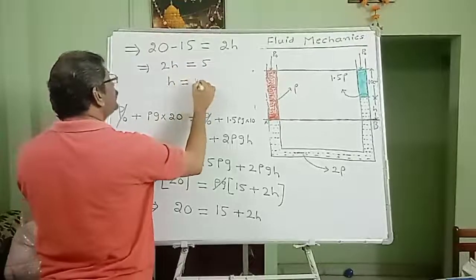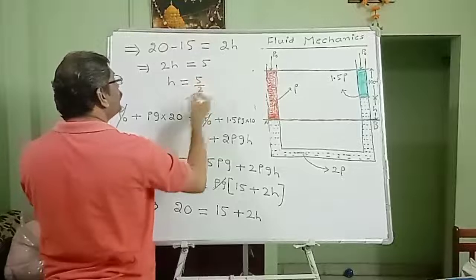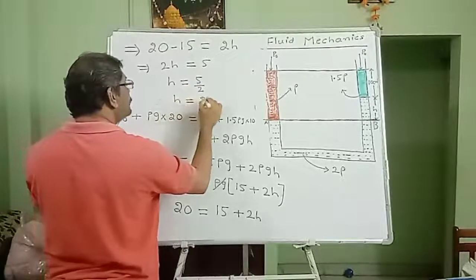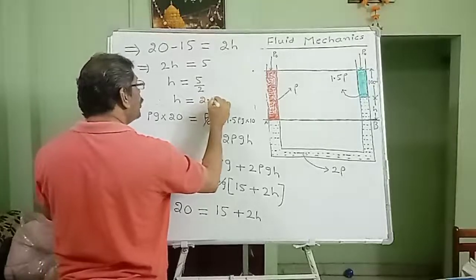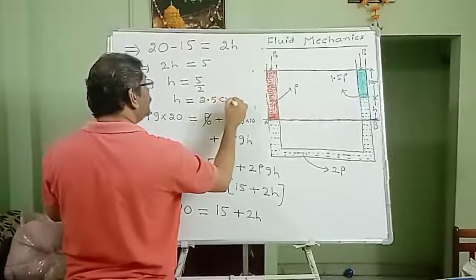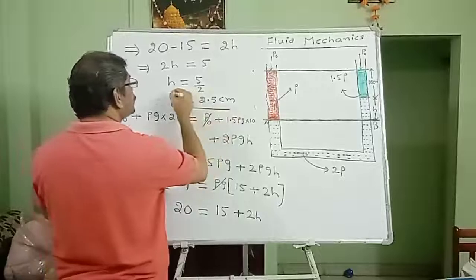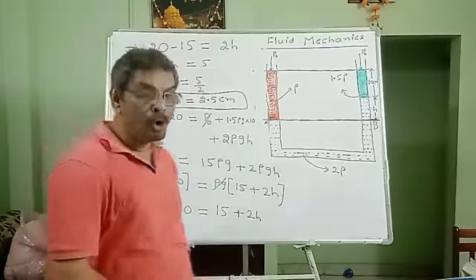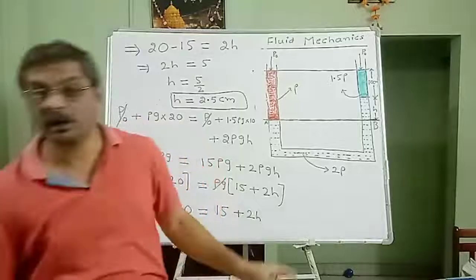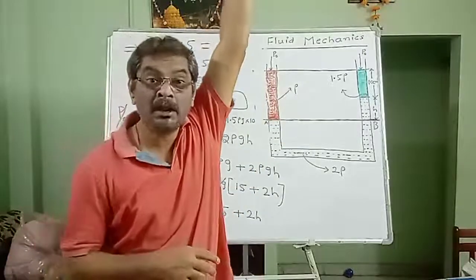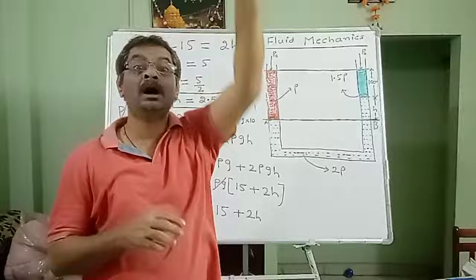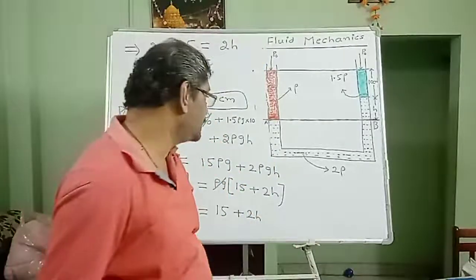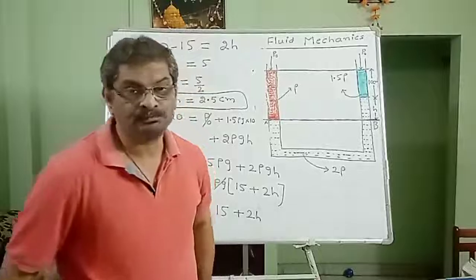H will be 5 by 2, therefore H will be numerically equal to 2.5 centimeter. So remember, that will be the value of H, or the length of the third liquid having the density 2 rho.